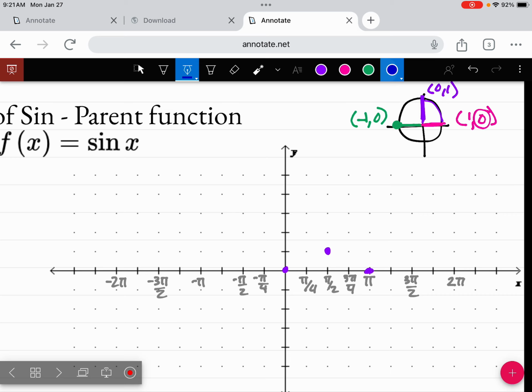What about for 3 pi over 2? -1. What about 2 pi? Because 2 pi goes all the way around, right? So it's right back here. 0.